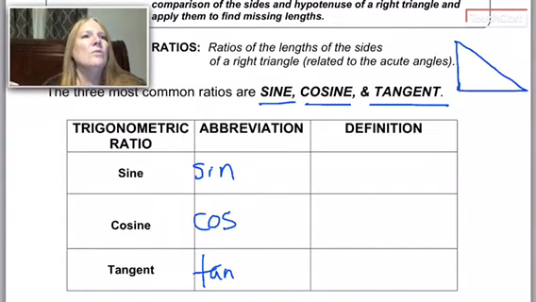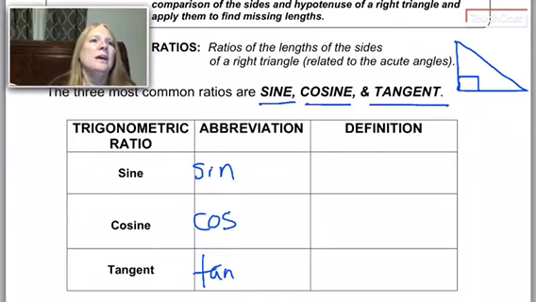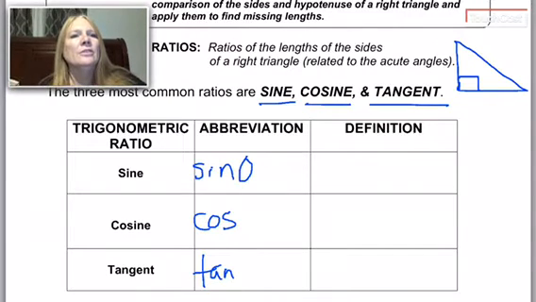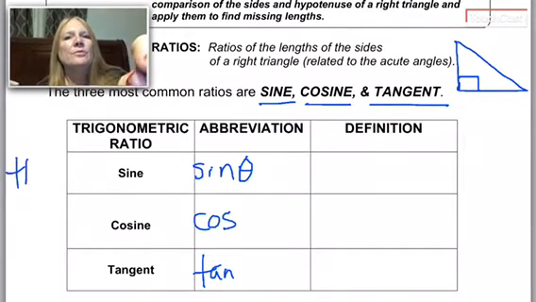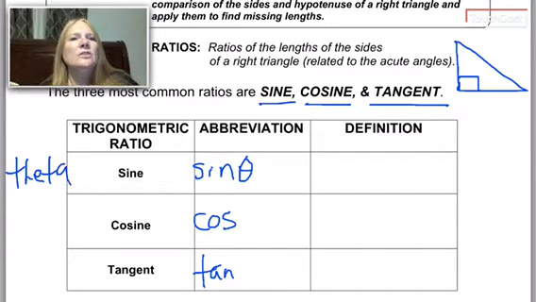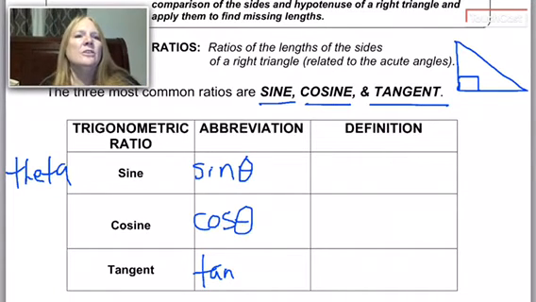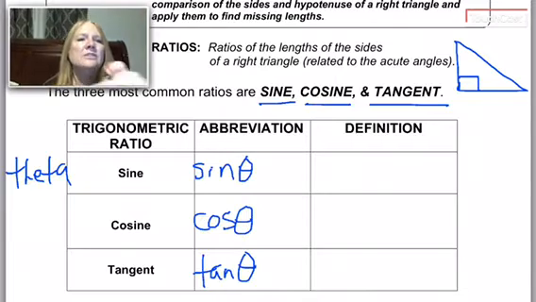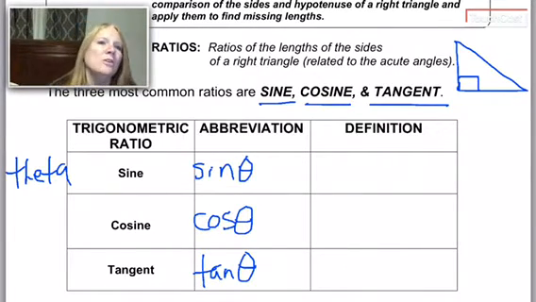So we have a right triangle, and it could refer to either of the other two angles. And so the abbreviation that we'll use when we're talking about just a generic triangle is we say the sine of some angle, and we use this Greek letter called theta, spelled theta. So this would say the sine of theta, the cosine of theta, or the tangent of theta. That is just saying the sine of some angle, the cosine of some angle, and the tangent of some angle.